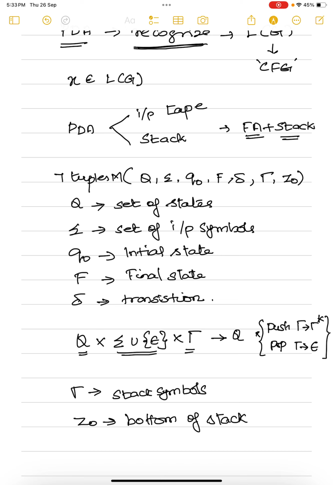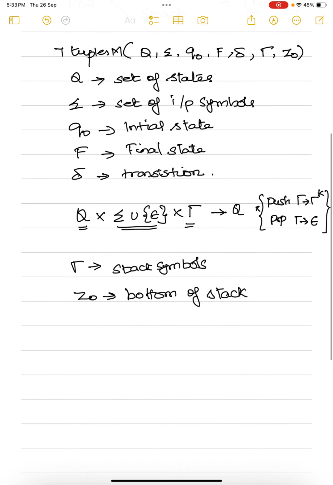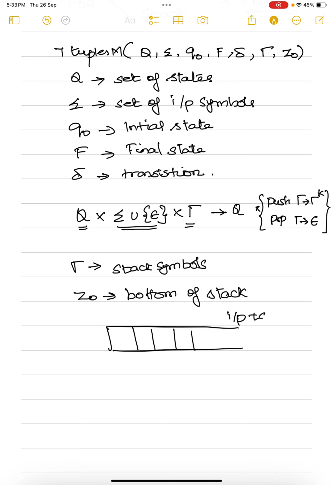Coming to the delta transition, in pushdown automata you will have a tape called the input tape. And you will have another data structure called the stack. The bottom of the stack will usually be referred to with the help of Z naught.